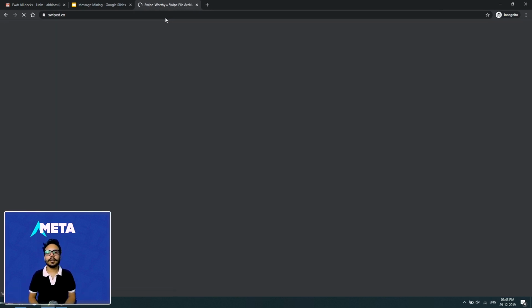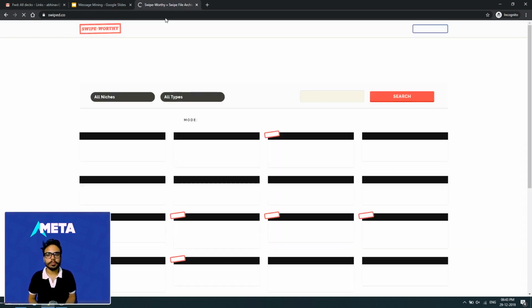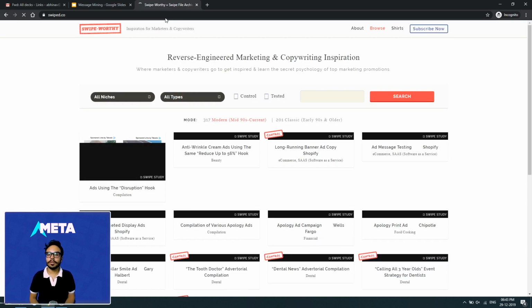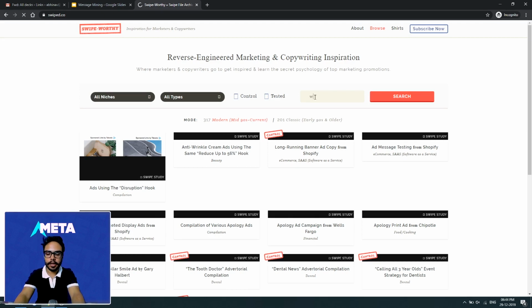Swipe.co is a repository of many promotions from many ages that a lot of good people in the digital marketing industry use. What you can do is go here and type your industry, let's say weight loss, since we're talking about it, and it'll show up some promotions from the weight loss industry.